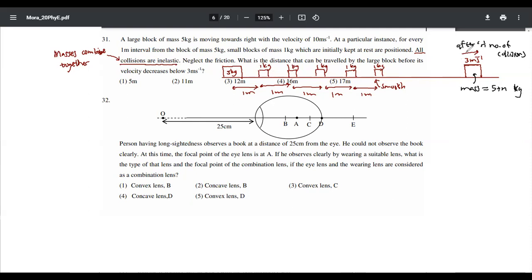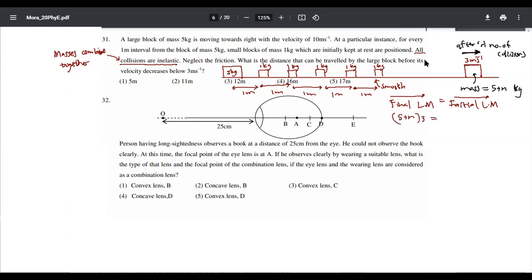Right. So now the new speed, we will assume that it is 3 meters per second. And let's see how many times it should have collided. For that, you can use final linear momentum in this direction equal to initial linear momentum in that direction. Final linear momentum, I'll take it as (5 plus n) into 3, equal to initial linear momentum.